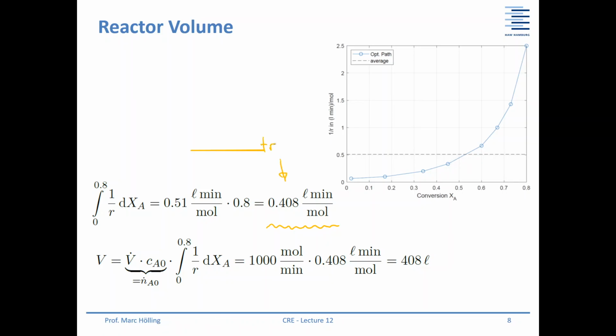So this is calculated from the trapezoidal rule, and with this trapezoidal rule I calculated this mean value of 0.51.